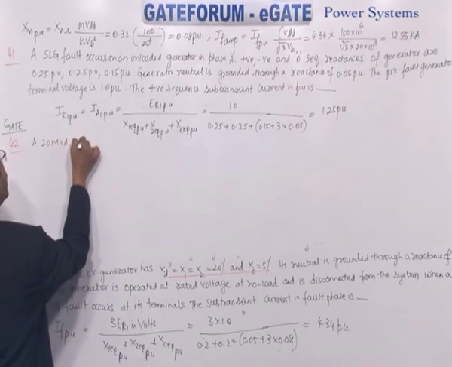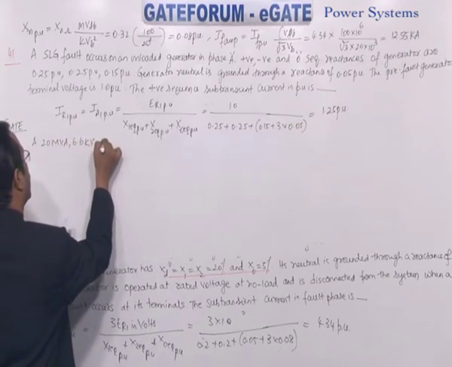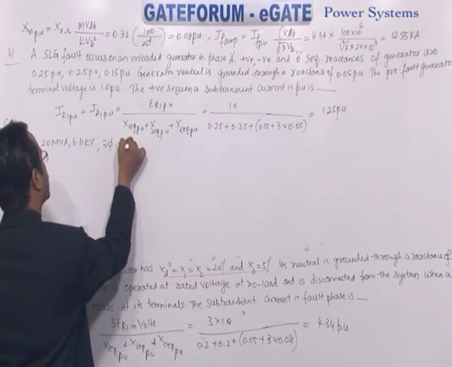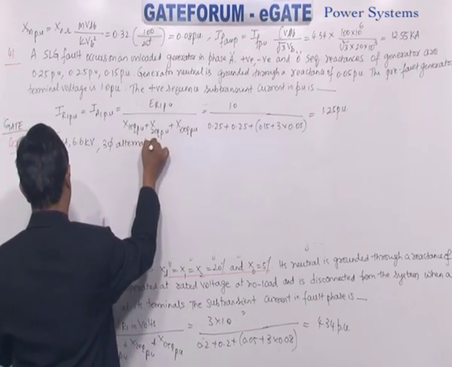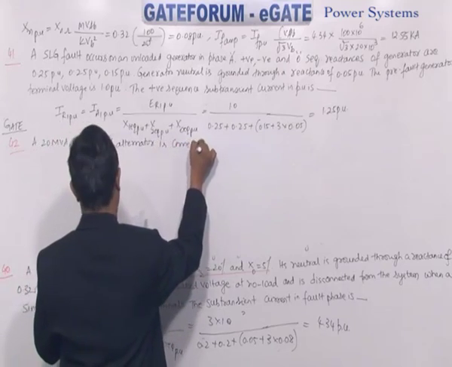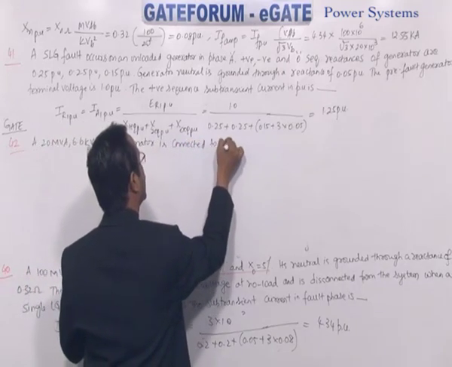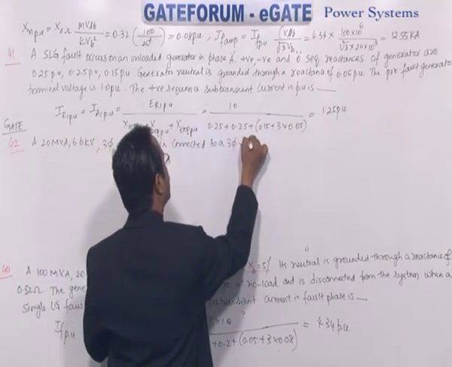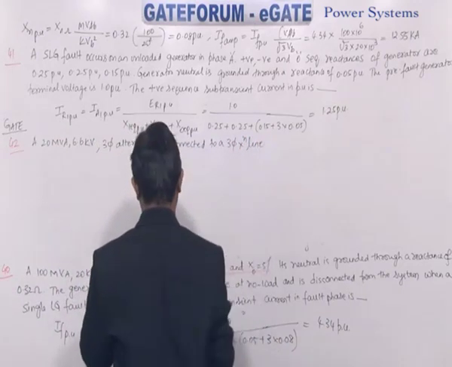A 20 MVA, 6.6 kV 3-phase alternator is connected to a 3-phase transmission line.